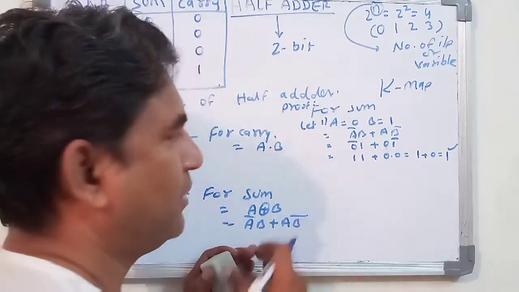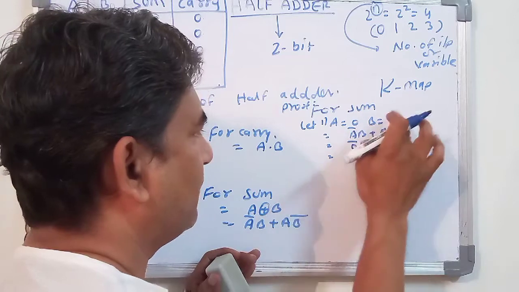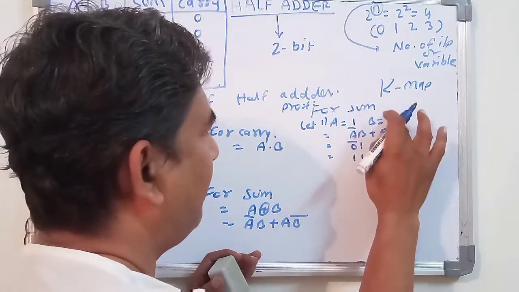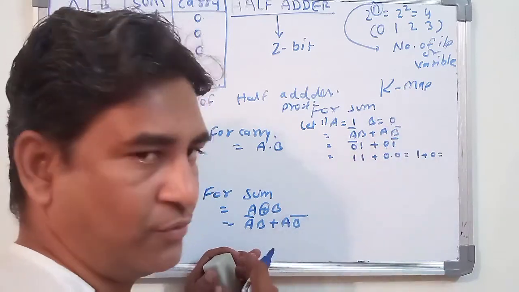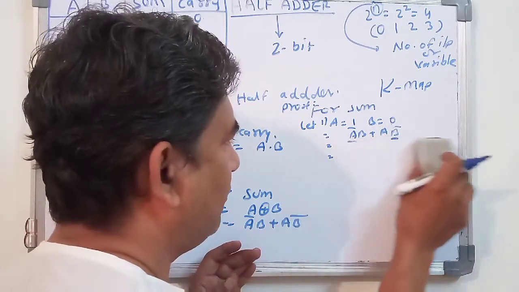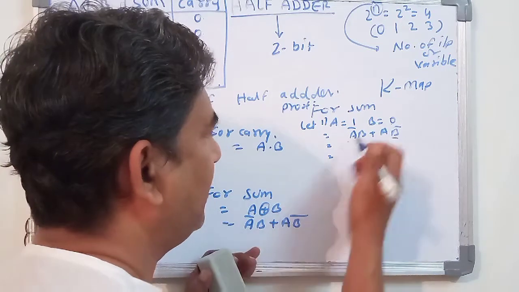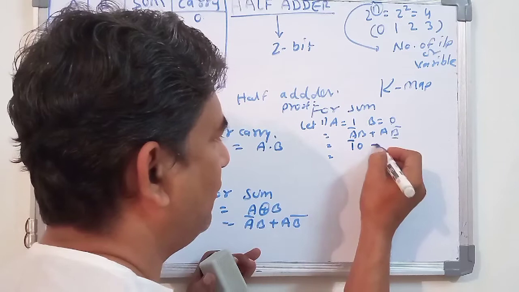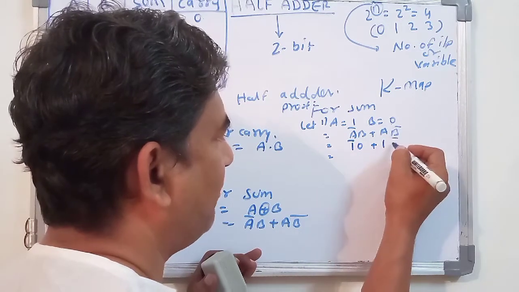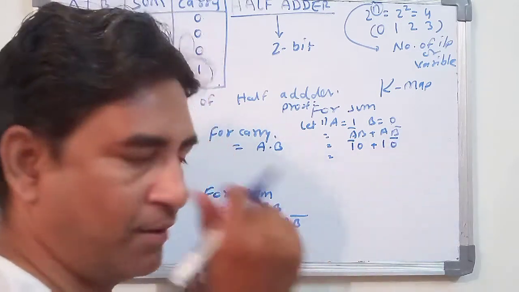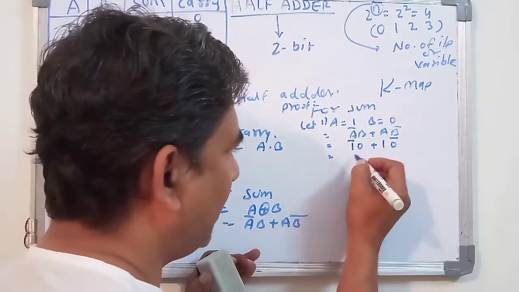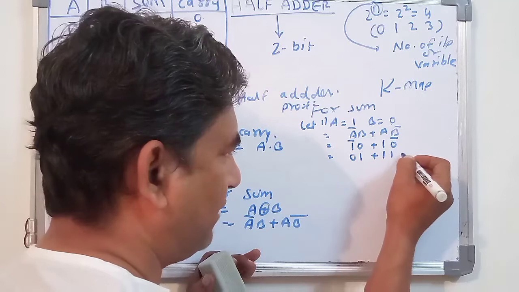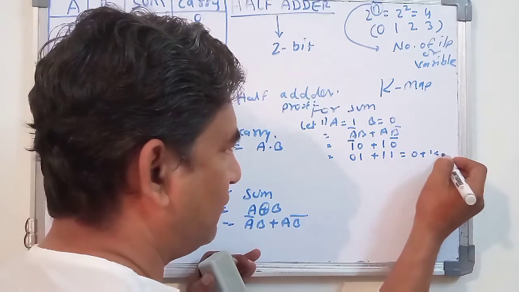It is proved. Then the third condition, if a value is 1 and b value is 0, then you have to put down the values for a and b. The a value is 1, meaning 1 bar, b value is 0, plus a value is 1 and b value is 0 bar. So 1 bar is 0, then 0 plus 1 multiplied by 1, 0 plus 1 is equal to 1.